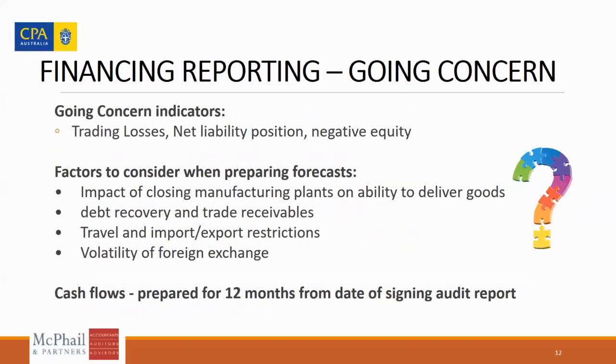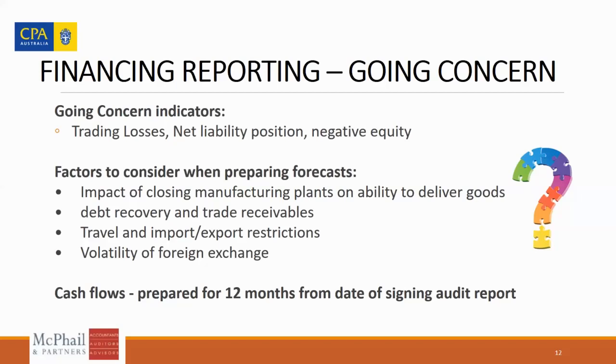Okay, the next area that is going to be an area of focus for all auditors is going concern, especially for general purpose, but still very much so for special purpose financials. So if your entity has any indicators of uncertainty, trading losses, negative equity, then you as the company need to show evidence to the auditor that you've assessed the reasonableness of the going concern assumption.